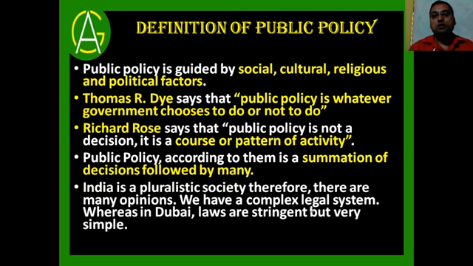So our legal process becomes very complex. Whereas in Dubai, they have prepared very strict actions, strict laws, without considering any kind of emotions or feelings of the people. So their laws are very stringent but very simple.